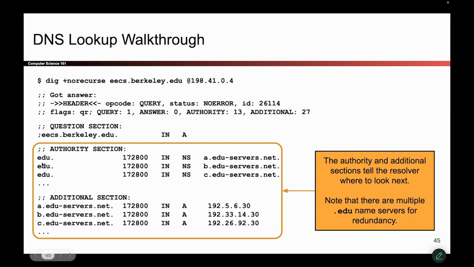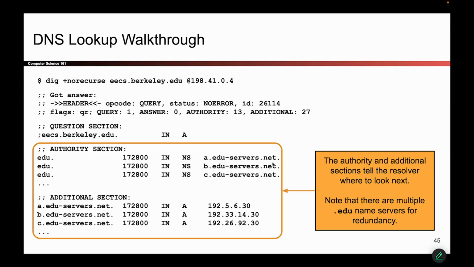Well, I see this. I know I need to talk to the .edu name server next, and this is their name. But if I want to talk to them, I need to know their IP address so that I can send them questions. So if we only gave this record, the user's immediate next step would be to do another DNS lookup to figure out the IP address of a.eduservers.net, the next name server I should contact.